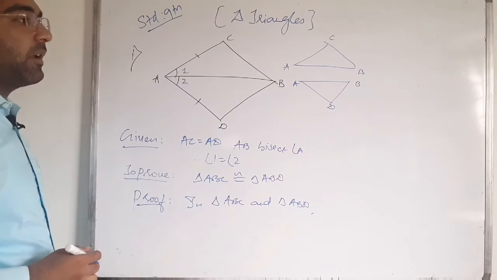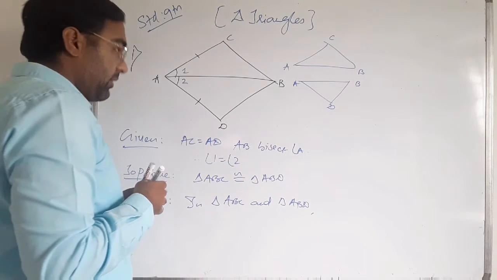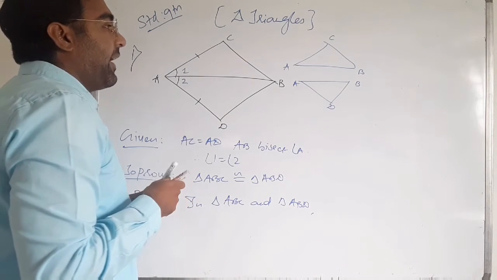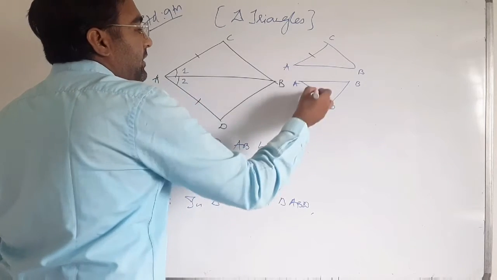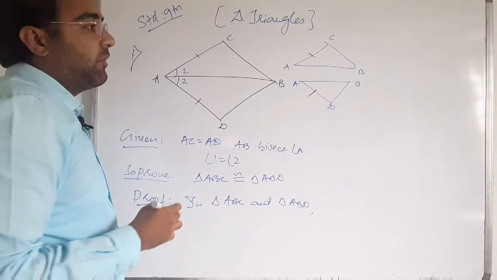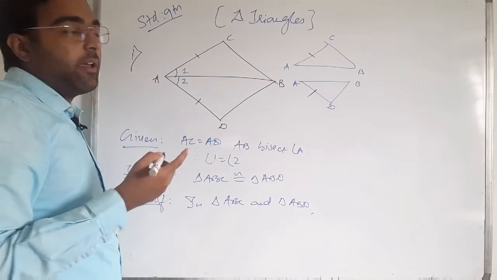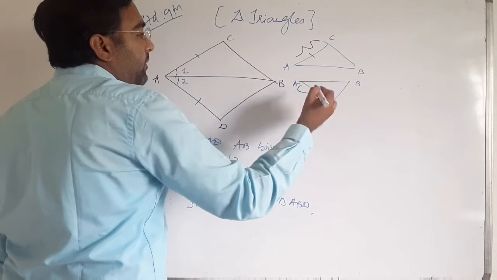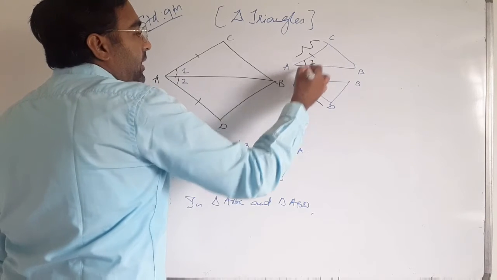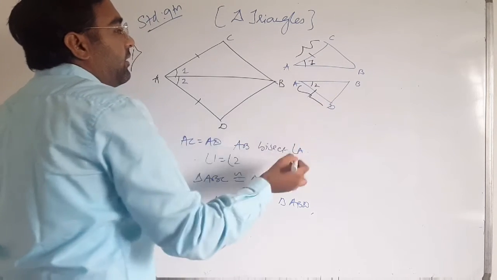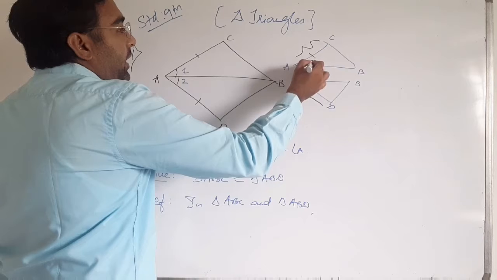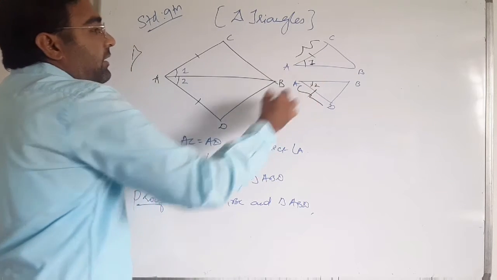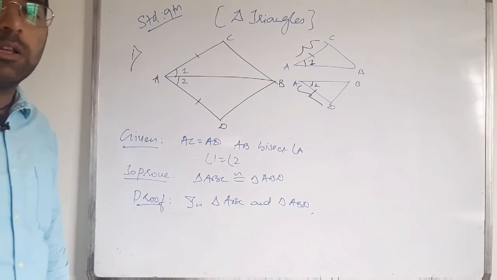In these two triangles, you see that one side of the triangle, AC and AD, are equal, given. Angle A and here angle A, that is 1 and 2, are also given as equal.